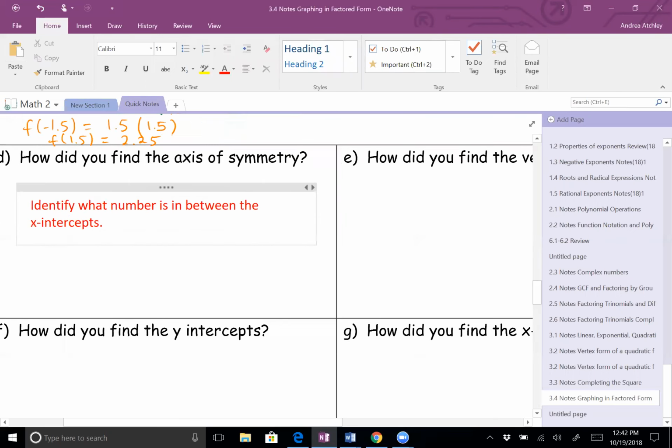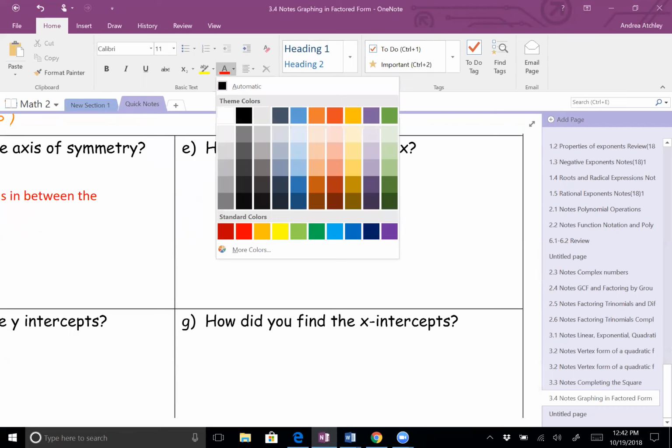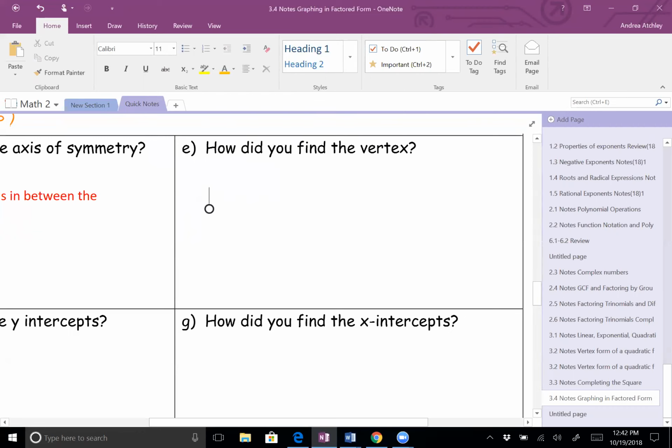Then what about E? How did you find the vertex? There's two different ways we found that, right? You want to share what they wrote there? Okay, the first way we did it.